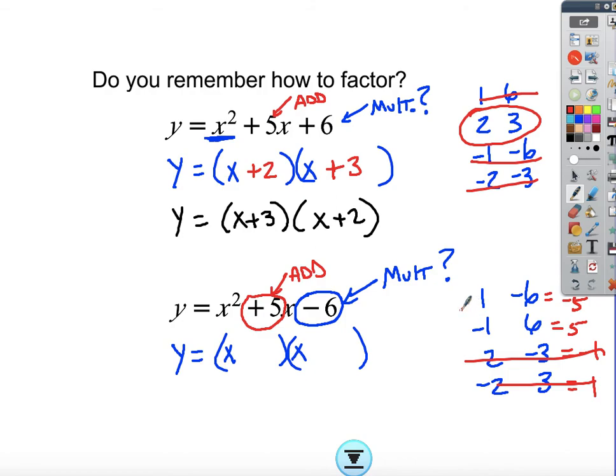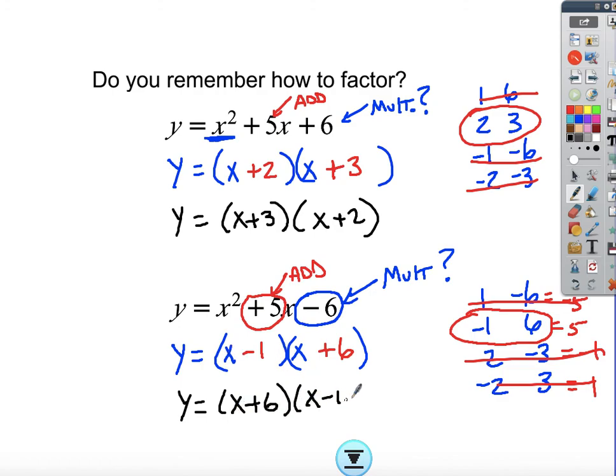So the only option that adds to 5 is this combination. So I have a negative 1 and I have a positive 6. And again, I could put the x plus 6 first and the x minus 1 second. That would also be a good answer. Okay, so I just wanted to do a little review on factoring, because it is going to come up more and more and more.